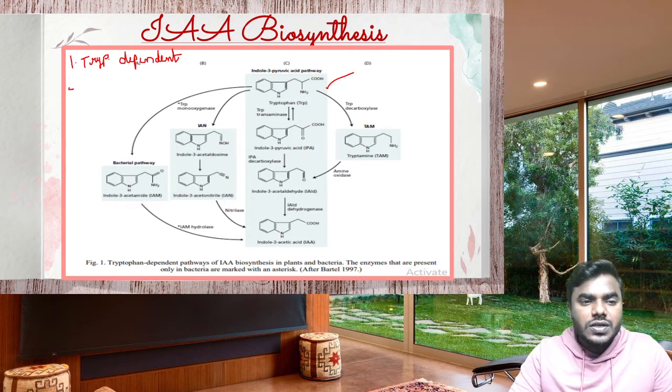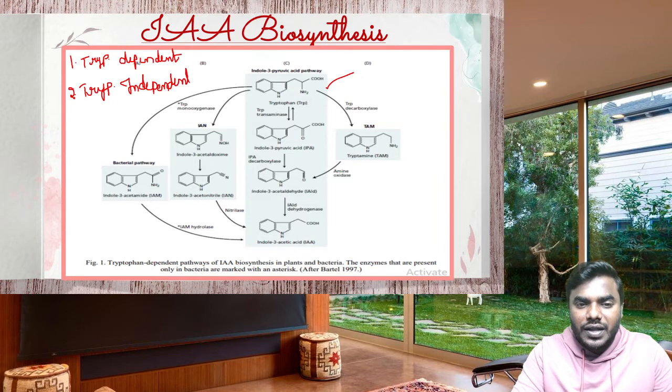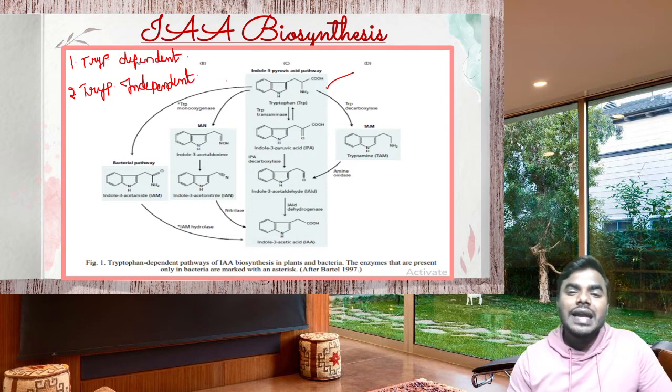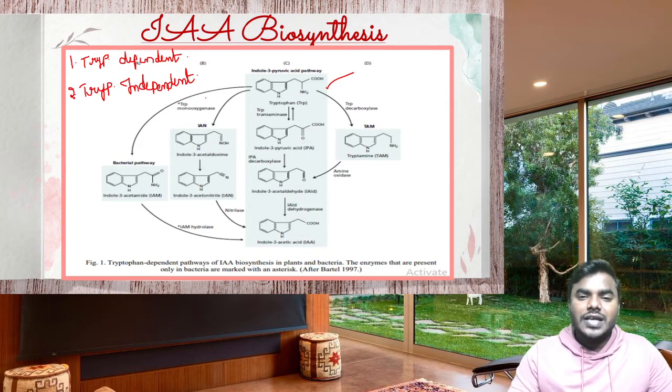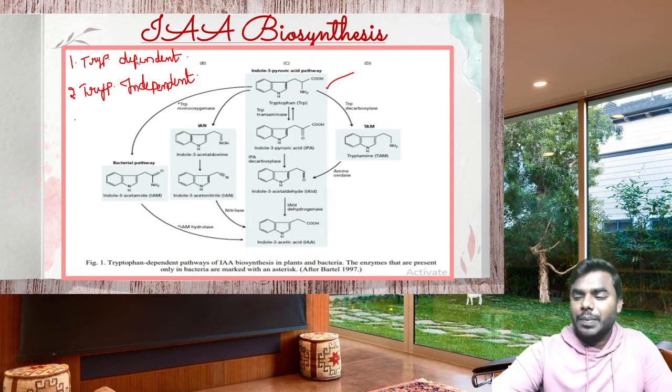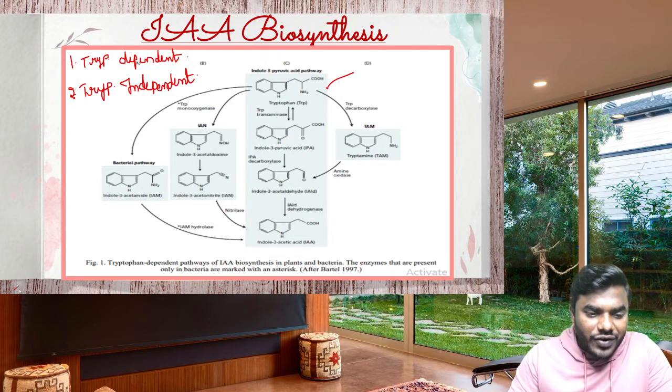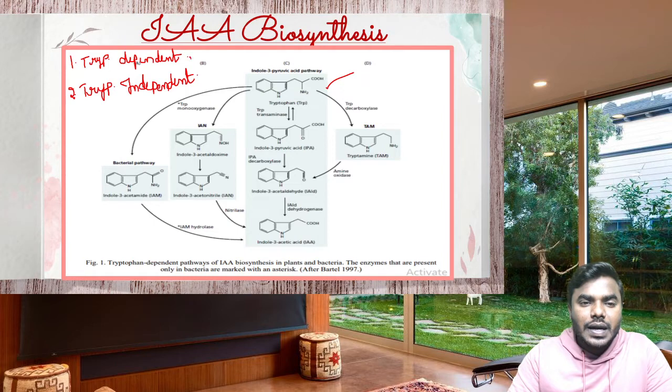Second one, my friends, we call the tryptophan independent pathway. Never ever forget this point also. Now you can ask me, sir, which pathway occurs more prominently in the plant body? Undoubtedly, friends, the tryptophan dependent pathway.